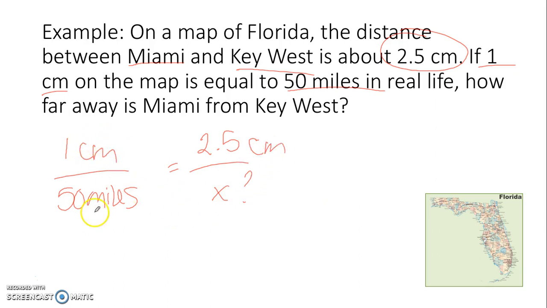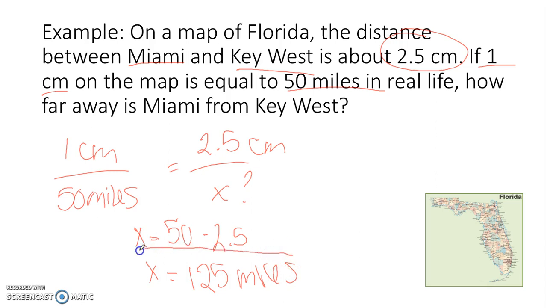Now we cross multiply. So we have 1 times x, which is just x, is equal to 50 times 2.5. Alright, 50 times 2.5 is 125 miles. So the distance between Miami and Key West is 125 miles. That would be a scale drawing.